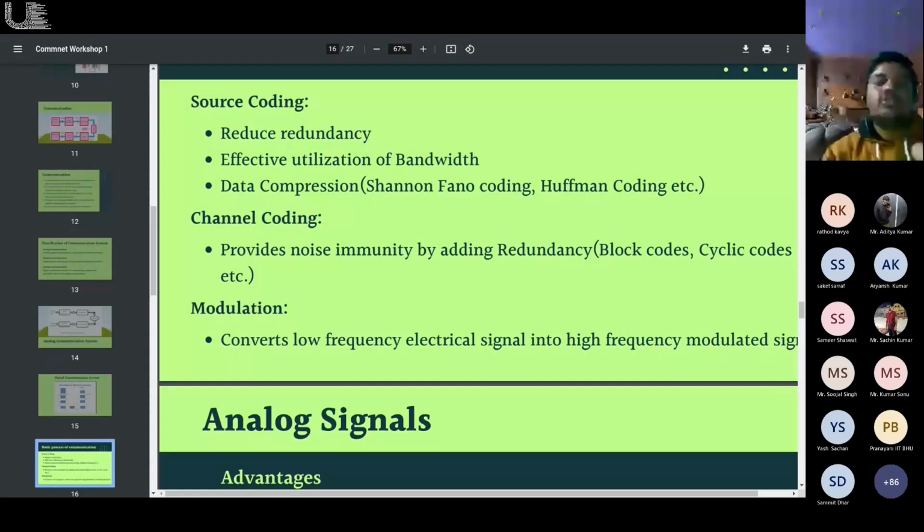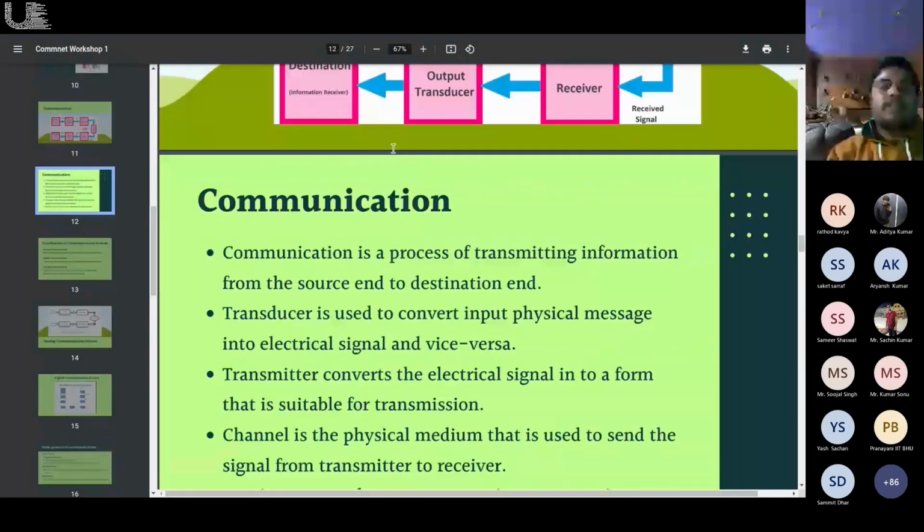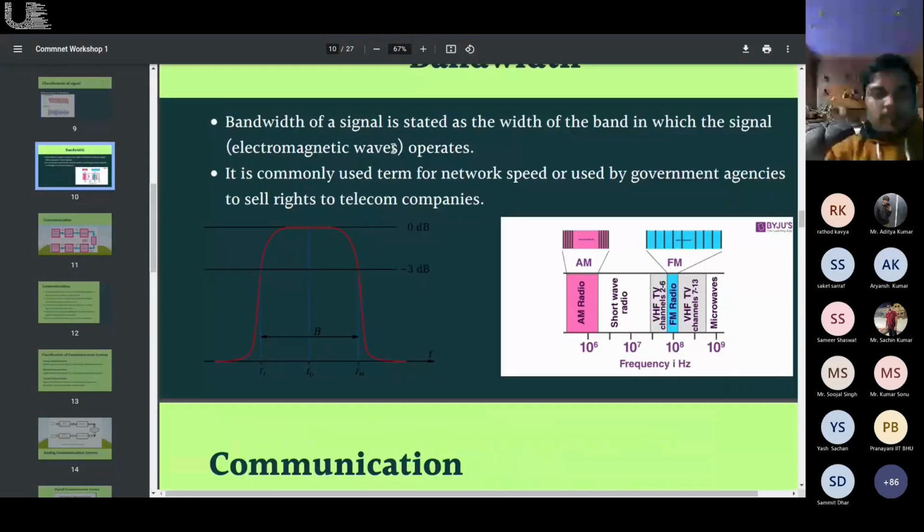So we try to reduce that redundancy and only consider the portion of the signal which is very important. Like in the bandwidth calculation, we only consider the -3 dB frequencies and ignore the other frequencies, right? Is it visible to everyone?